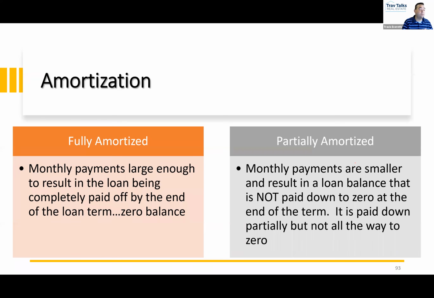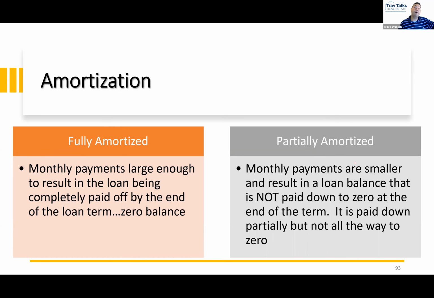When we talk about this word amortization, which just means paying things down over time, loans can either be fully amortized or partially amortized. If amortization means paying it down over time, fully amortized means paying it down to what over time?